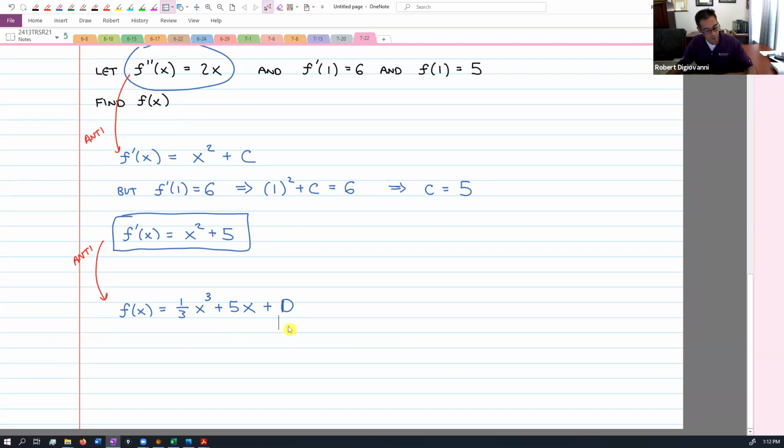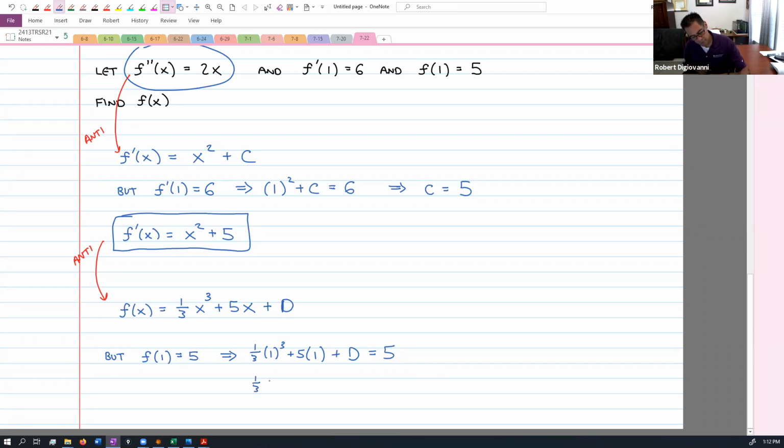All right, but I told you that f of 1 was 5. And that implies that when we plug 1 into this function, 1/3 times 1 cubed plus 5 times 1 plus D, we must get 5. And you can solve this.